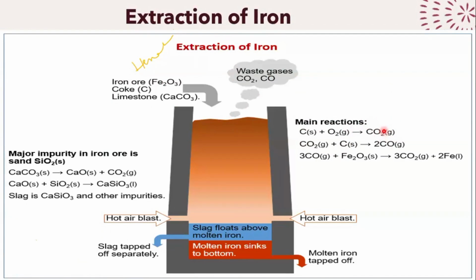The reason I'm going over this is because you guys will see questions where they'll give you the equation and they'll ask what type of reaction this is. This is a combustion reaction. Then our carbon dioxide reacts with carbon to give you carbon monoxide. This is a redox reaction. Then this carbon monoxide reacts with iron oxide.